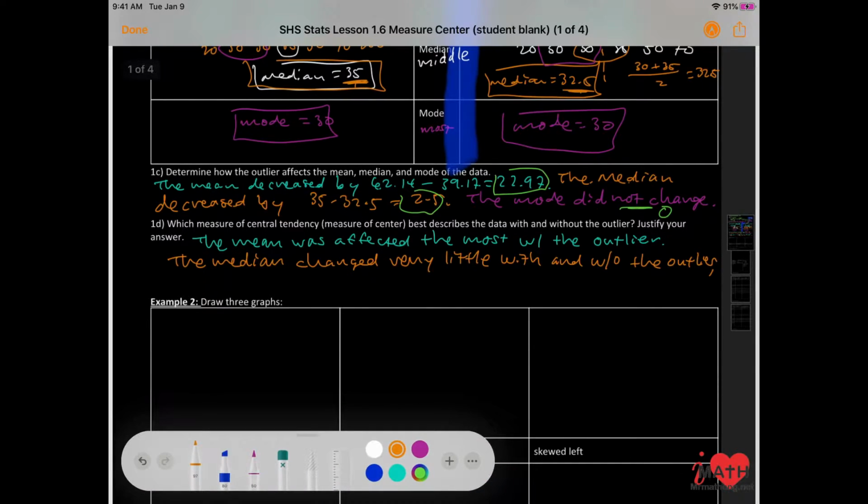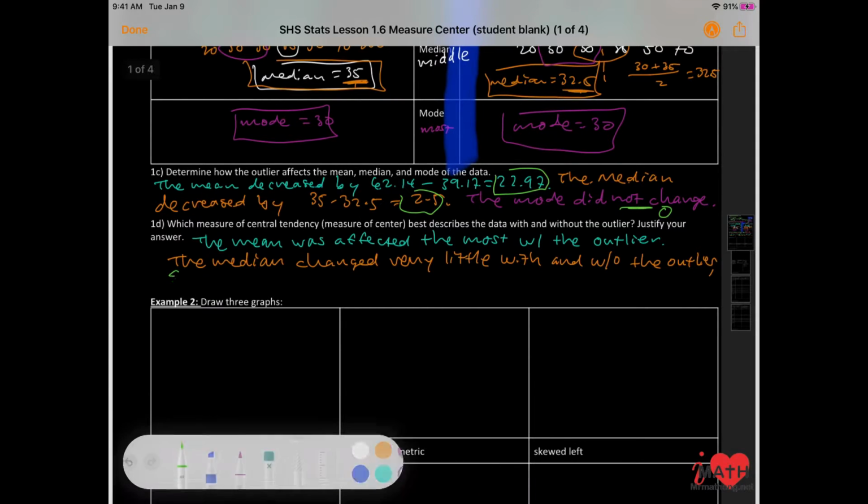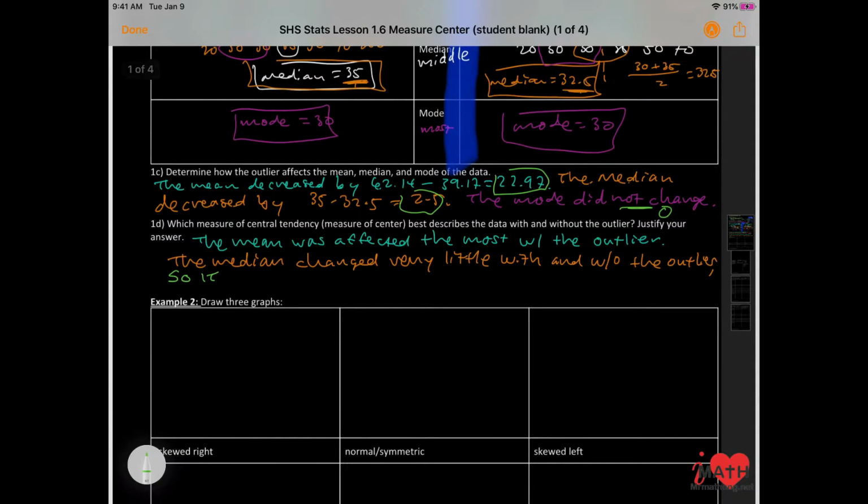I'm going to change colors. I'm going to write all caps to say why it's important. So it is best, the median is best, best describes the data in both cases.